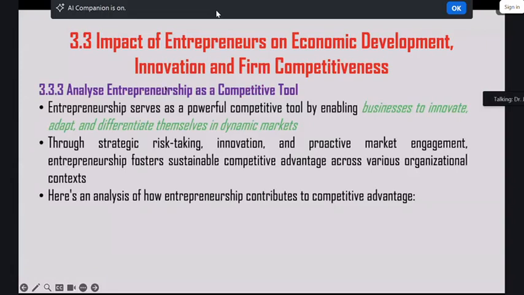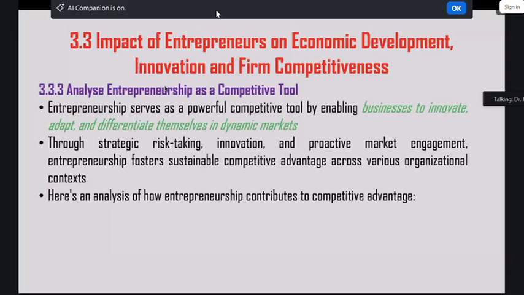Welcome once again after a 10 minute break. So continuing our discussions, I'll be discussing the impact of entrepreneurship on economic development, innovations, as well as competitiveness.